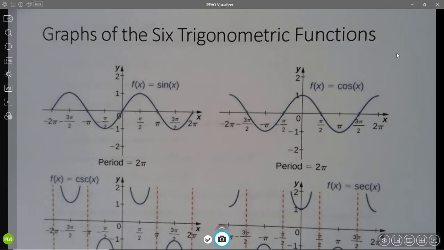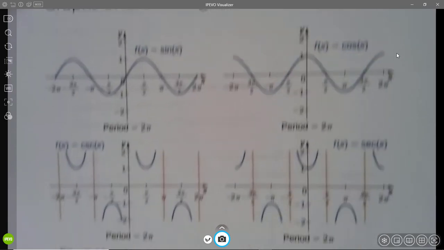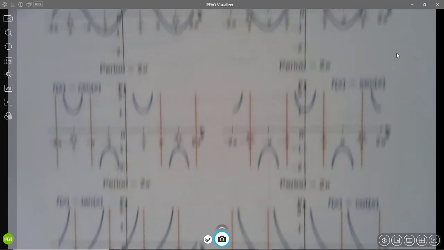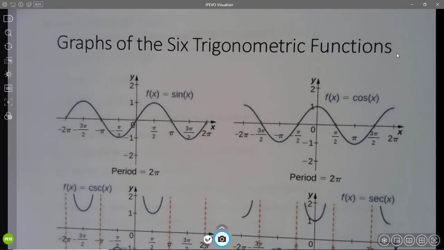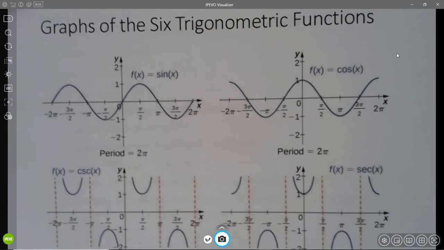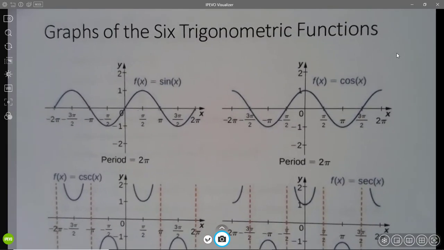If you click on that, it opens up an OpenStax calculus book. If you scroll down a ways, you'll find this really nice graphic of the six trig functions. And by the way, that book is free to download and use.